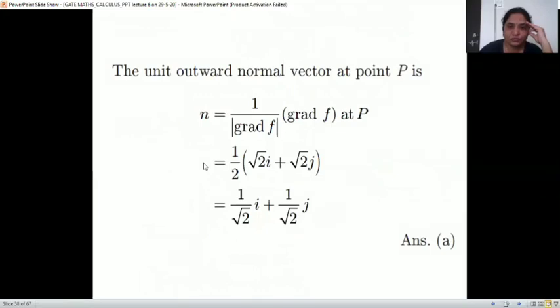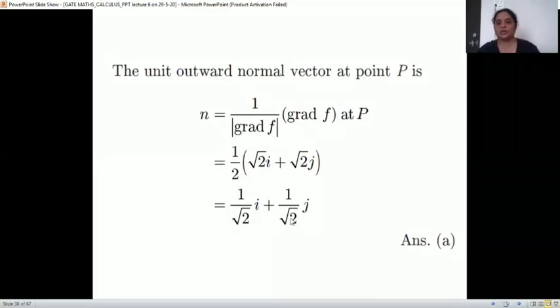Therefore, the unit outward normal vector is del f upon mod of del f. Del f we have already found, upon mod del f is 2, and therefore it is 1 by root 2 i plus 1 by root 2 j. Therefore the correct answer is A. Sure, we'll move to the next question.